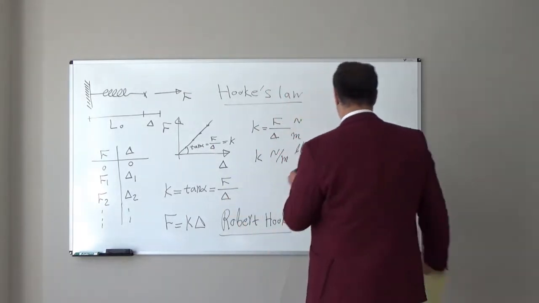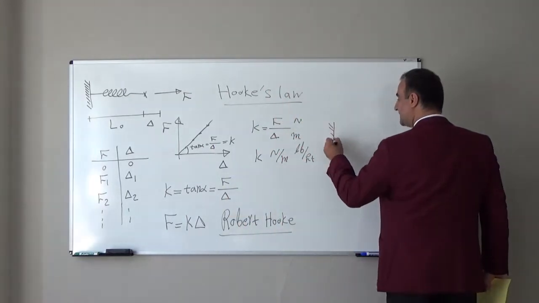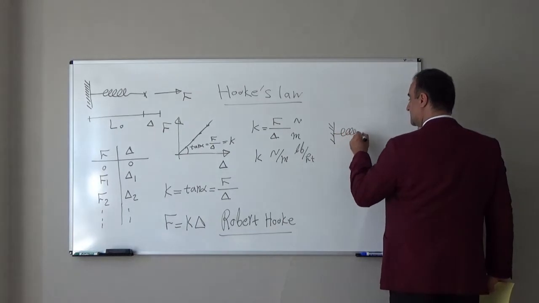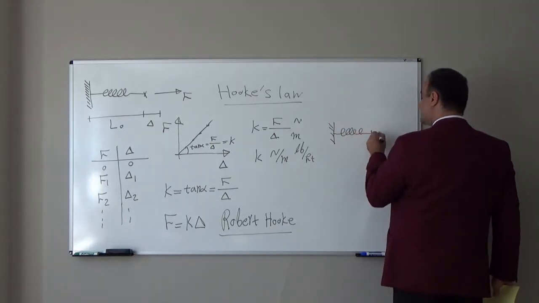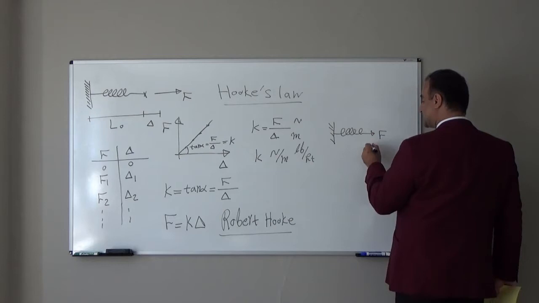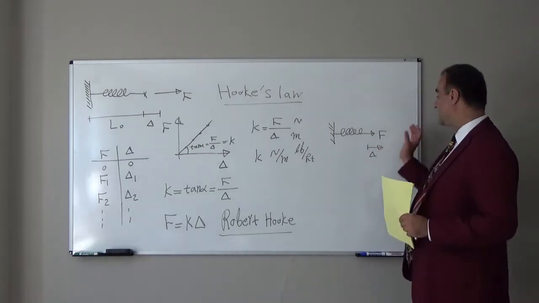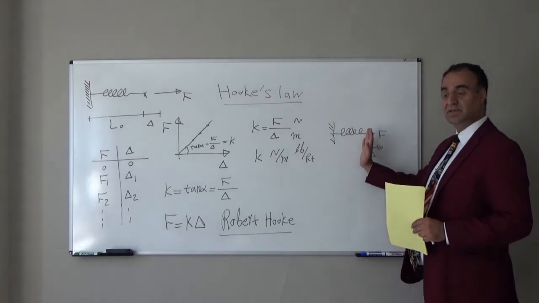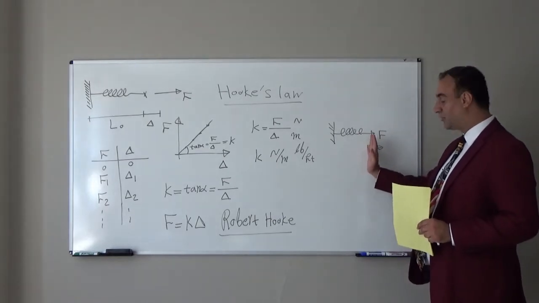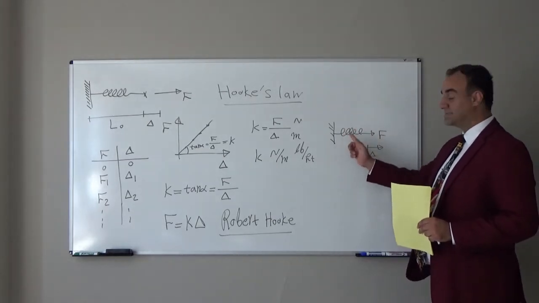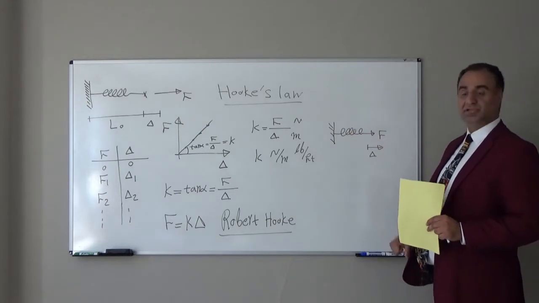For example, in one spring, if I apply first a small force F, I will have deformation delta. If I remove F, delta will come back to the 0 point and the spring will regain its initial shape.